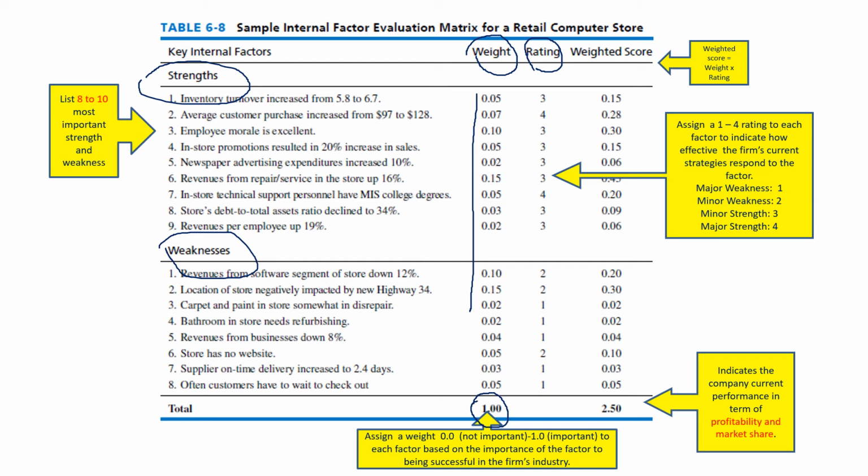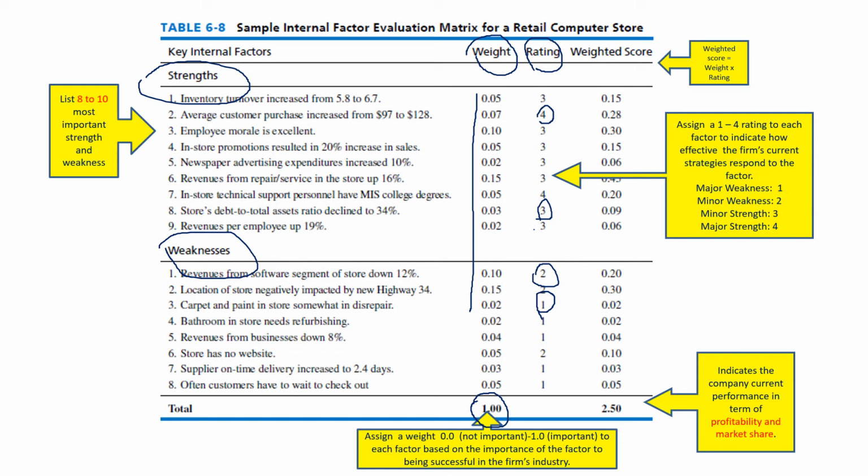For the strengths, you need to rate the strengths as 3 and 4. And for the weaknesses, you need to rate as 1 or 2.